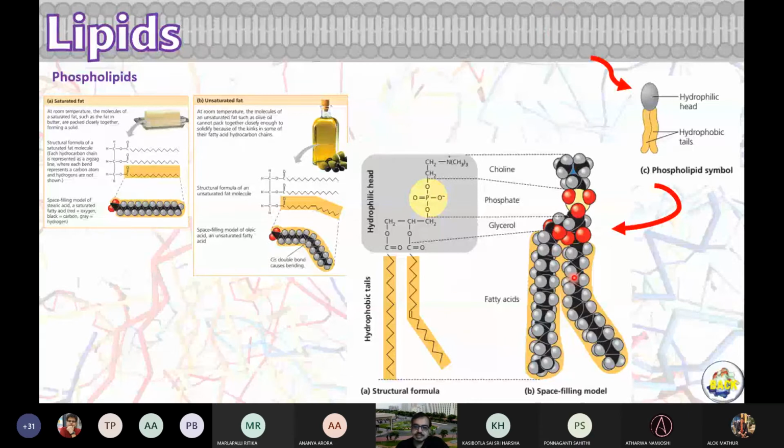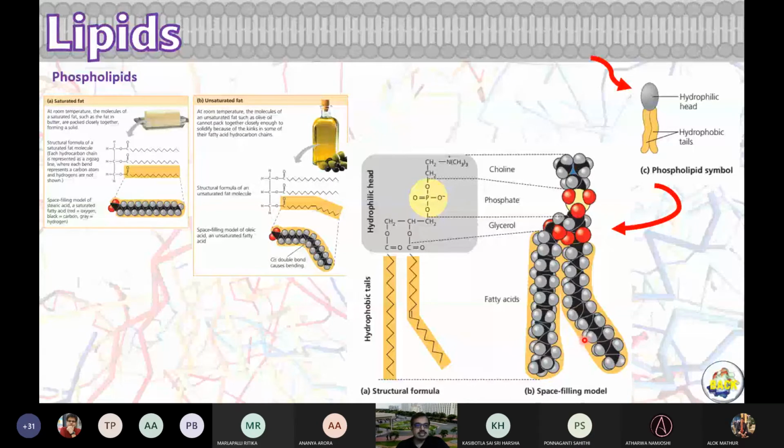So that gives dynamism to the membrane lipid bilayer. So one hydrophobic tail is straight, and another hydrophobic tail is bent.